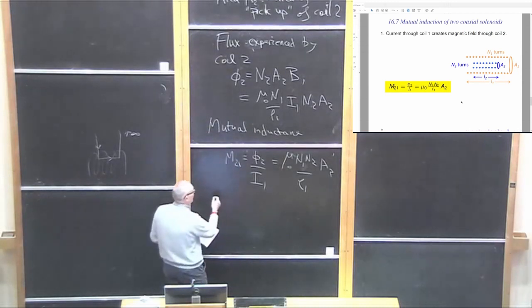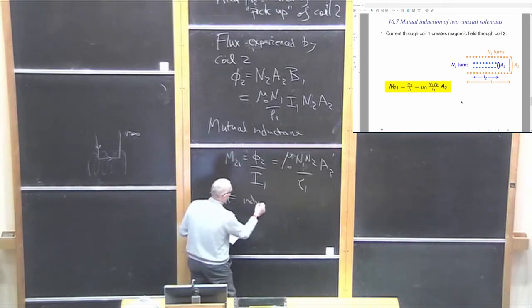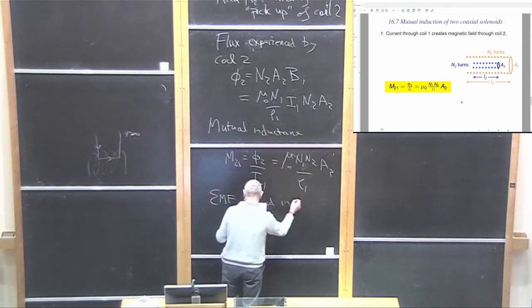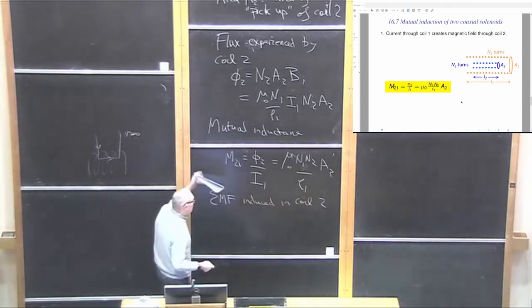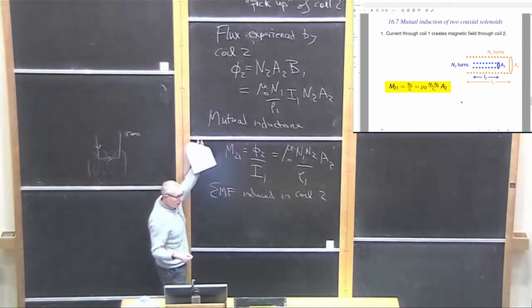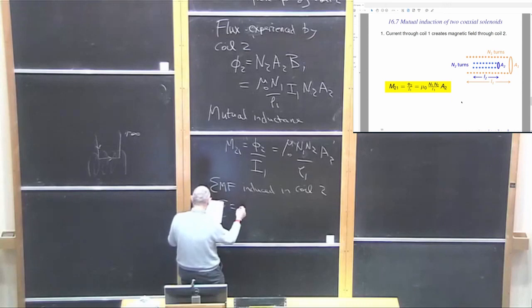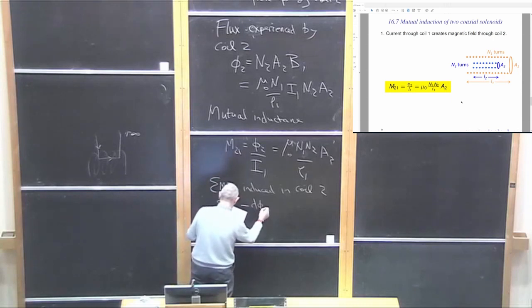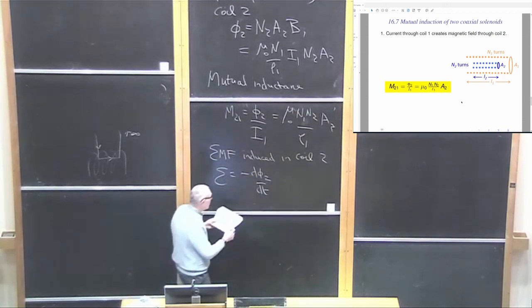So we can go on to calculate the EMF induced in coil 2 due to a changing current in coil 1. Right. So the EMF by definition is minus d phi 2 by dt. It's the changing magnetic flux.